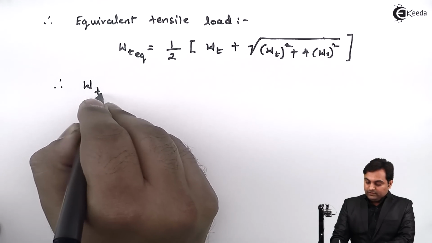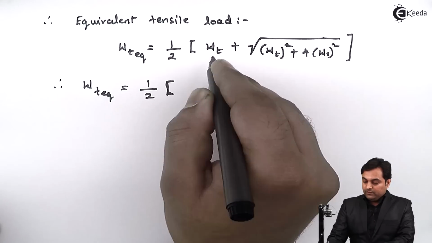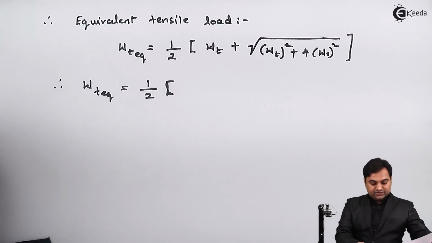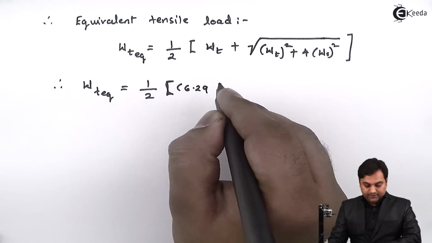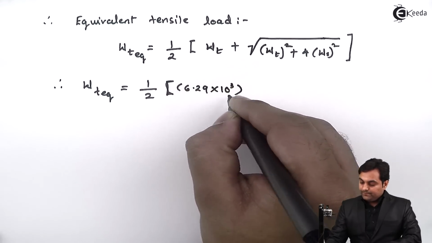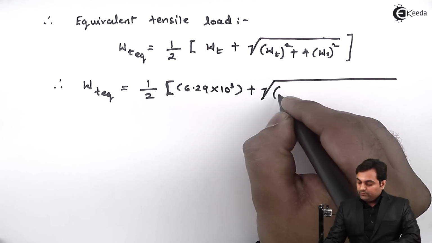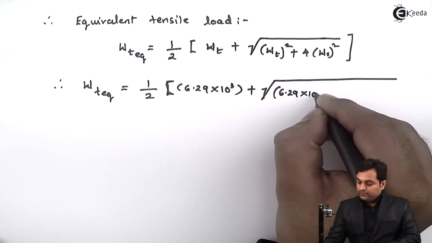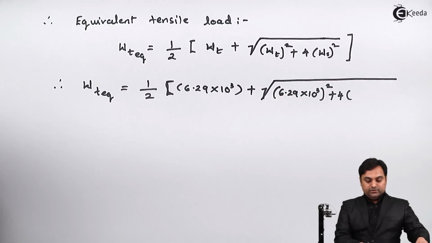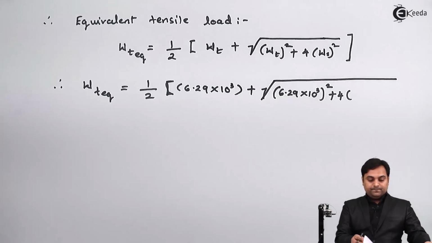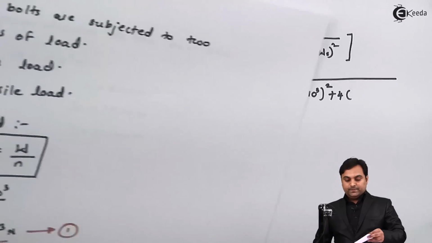Therefore, WT equivalent is equal to half of WT, the value we have got just now in equation 2, it was 6.29 into 10 raised to 3, plus square root of WT 6.29 into 10 raised to 3 square plus 4 into WS, the value was in equation number 1, it was 3 into 10 raised to 3 Newton.